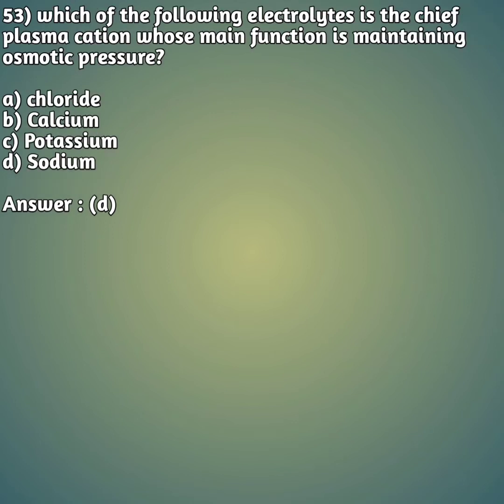Which of the following electrolytes is the chief plasma cation whose main function is maintaining the osmotic pressure? Option A, chloride. Option B, calcium. Option C, potassium. And option D, sodium. So the right answer is answer D, sodium is the chief plasma cation whose main function is maintaining the osmotic pressure.